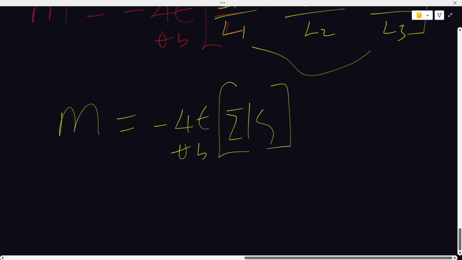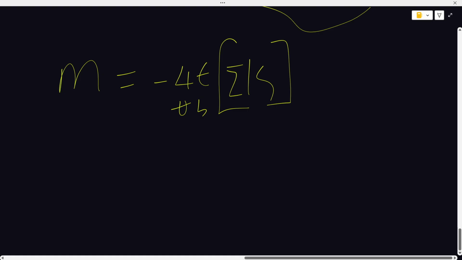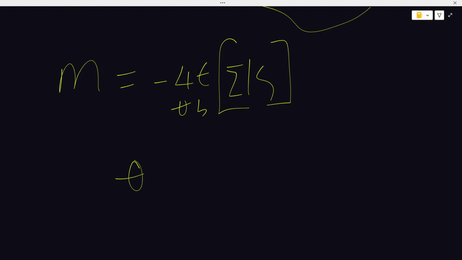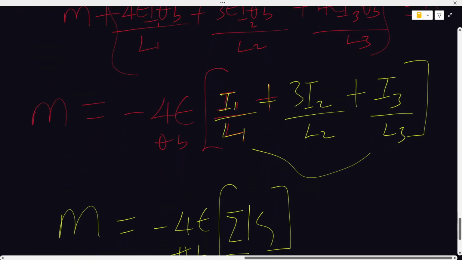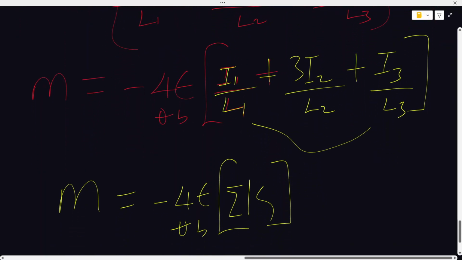So it means that theta B is equal to minus M over 4E summation K. You get, exactly.